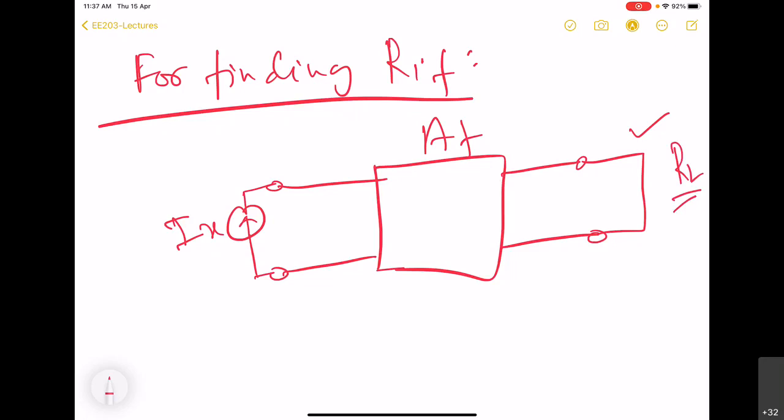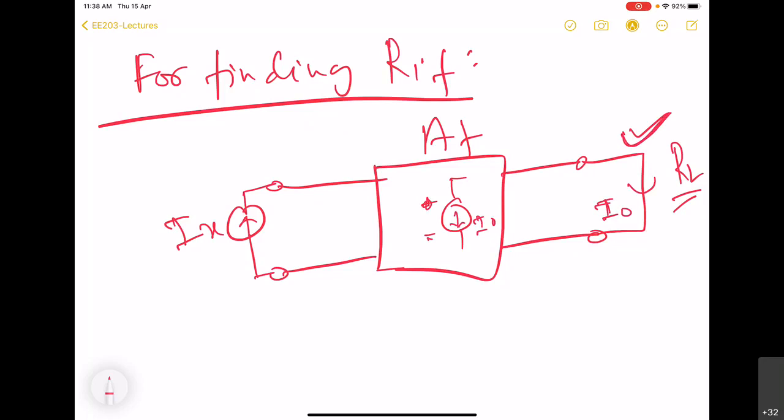For a voltage amplifier, the ideal load should be infinite, then only you will be able to see whatever voltage is produced internally. But for a current amplifier, this RL should be 0, then only you will be able to see the entire current flowing here. It is this idea which is used to find the condition on the output side of a voltage or current amplifier.